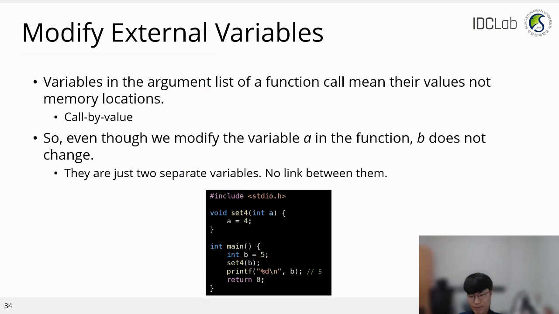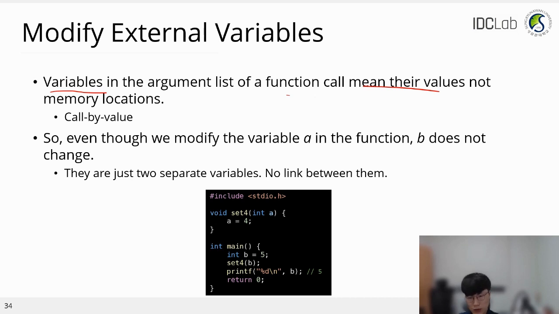So why? Because in C, by default, a function call is done in a call by value way. Variables in the argument list of a function call, here B, mean their values, not their memory address or memory allocations.